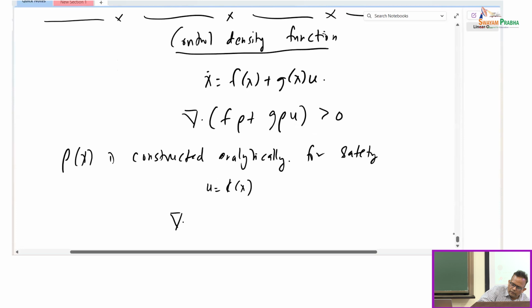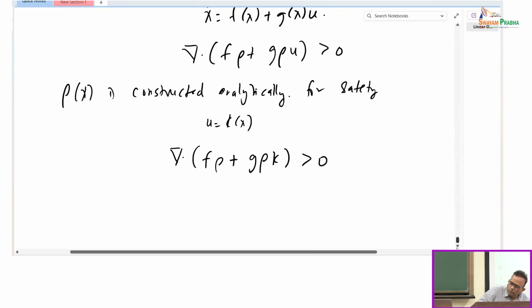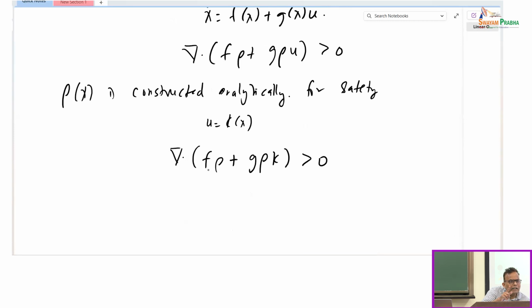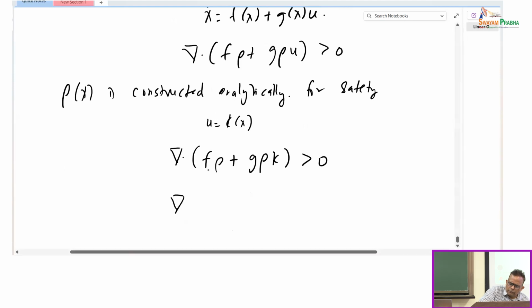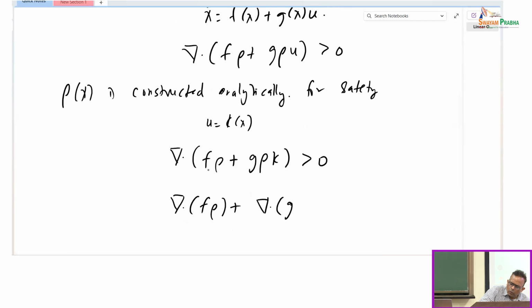So now you have divergence of f rho plus g rho k has to be bigger than 0. So what is the rho? Rho is the same rho that I gave you the construction for, right? Now I want to find a k. Now this problem is f rho plus divergence of rho k bigger than 0.